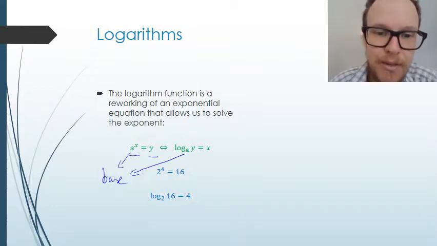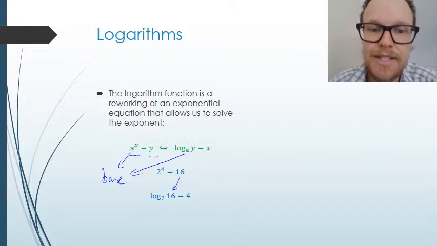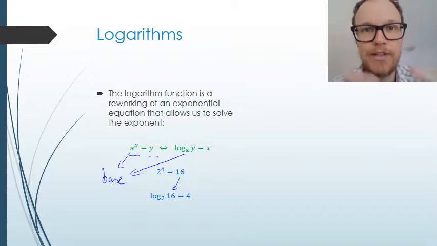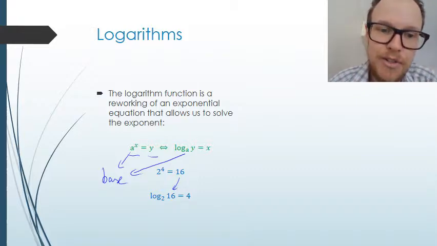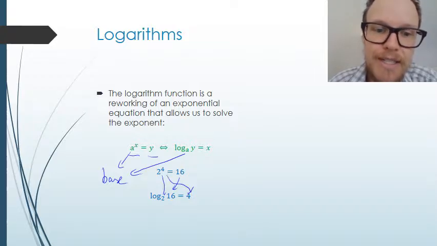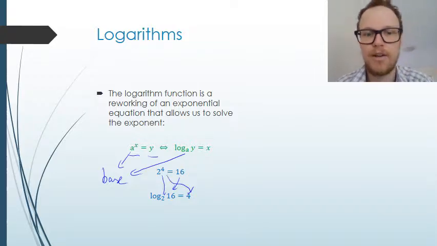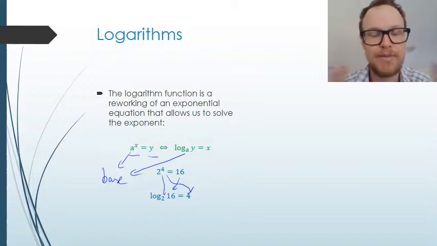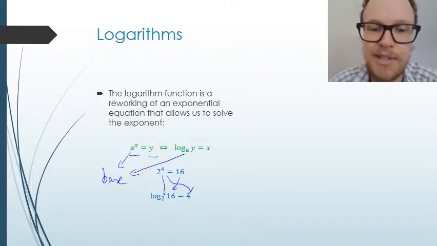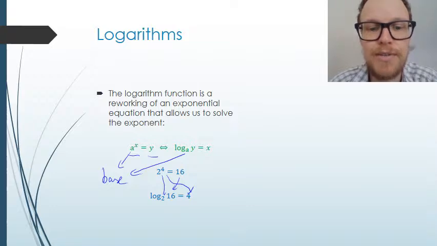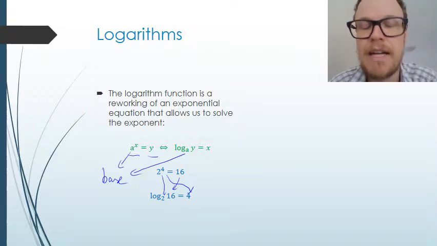You can see where the reworking has occurred. The 16 is now what we're using inside the function. The 2 remains the base, and the exponent is the solution, the same on both sides of this equation.